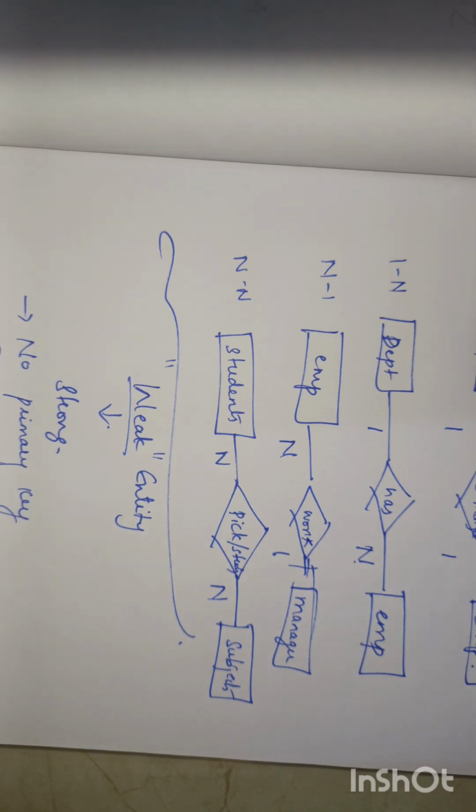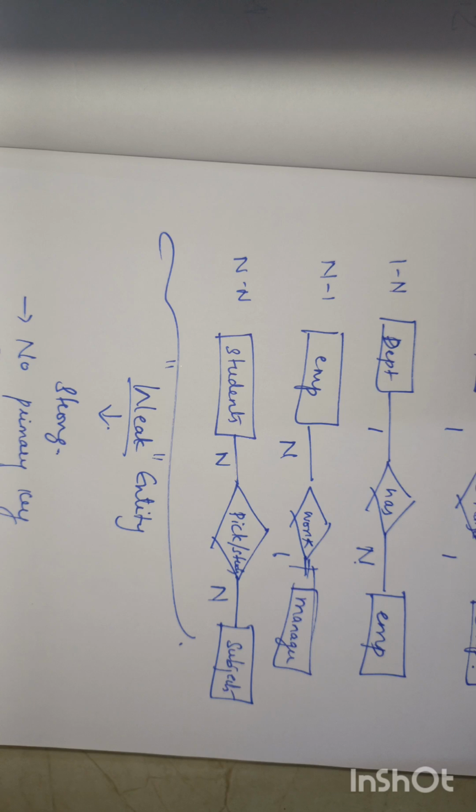Existence dependency means that a weak entity cannot exist without a strong entity. It cannot exist on its own. For example, a weak entity is represented with a double rectangle.